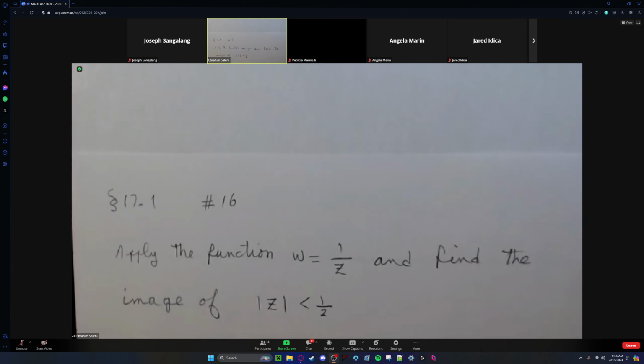The second condition says the imaginary part of z is positive. Good. Good question.